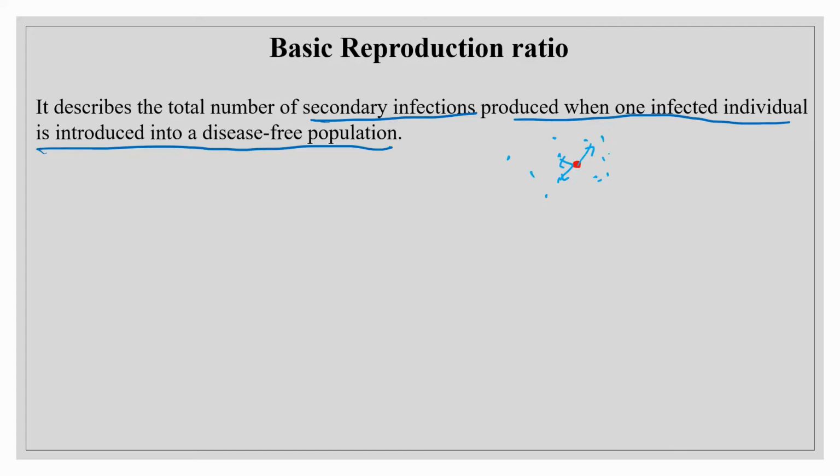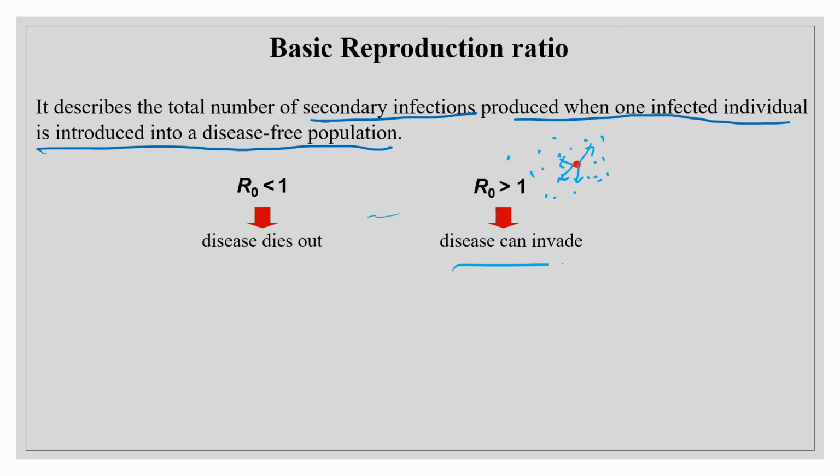These blue ones are disease-free and this red one is introduced, and how many secondary infections it produces gives you the reproduction number. Now if it is greater than 1, then the disease can invade, and if it is less than 1, then the disease dies out.